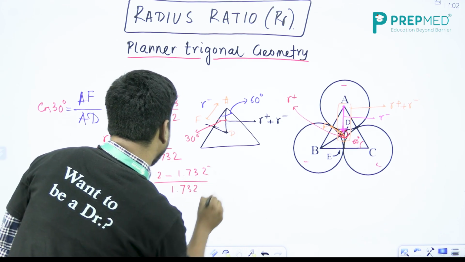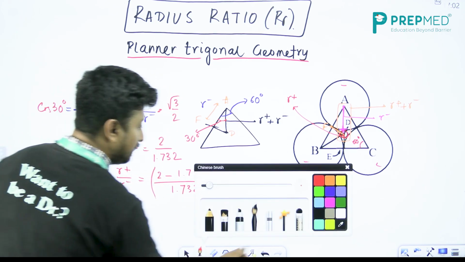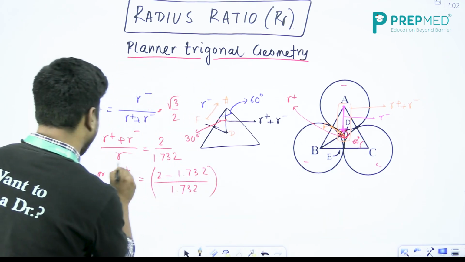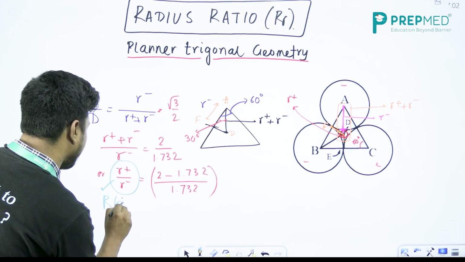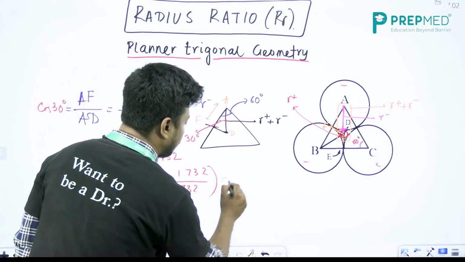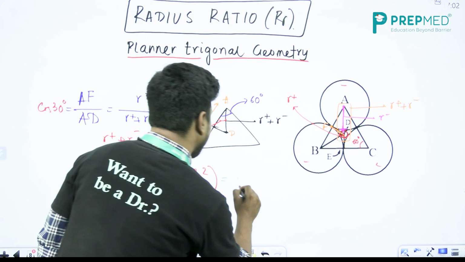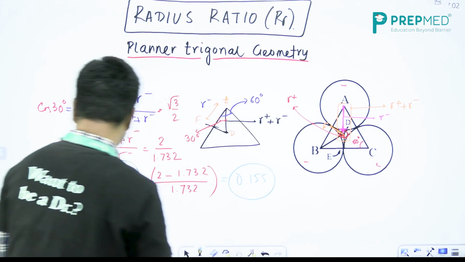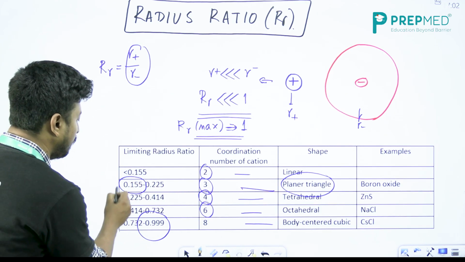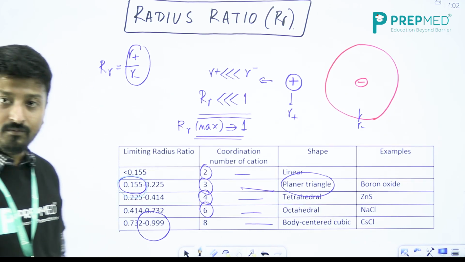And if you solve this one, this is what? This is nothing but my radius ratio, and the value you will get is 0.155, which is nothing but the limiting radius ratio value of the planar trigonal geometry.